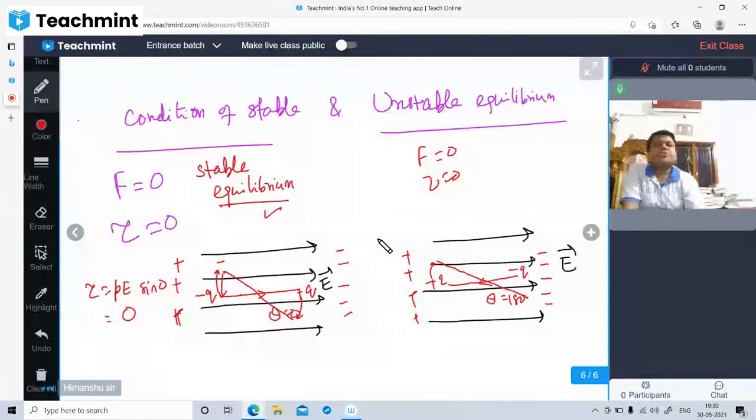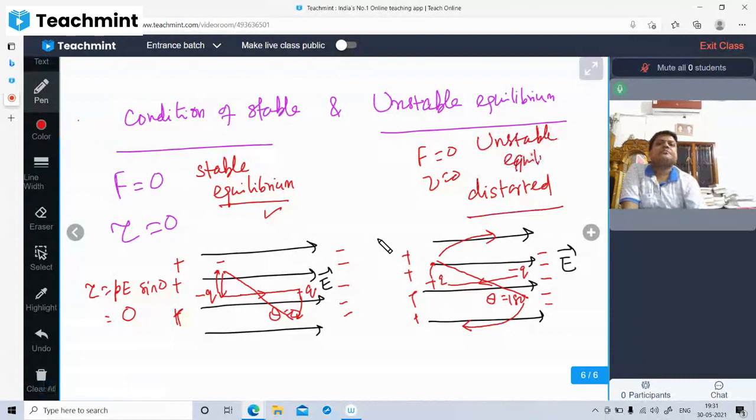So it will try to continue its torque. Even if the torque is removed, the motion will continue, and it will be distorted. That means the original configuration is not regained, and this is the case of unstable equilibrium. Understood?